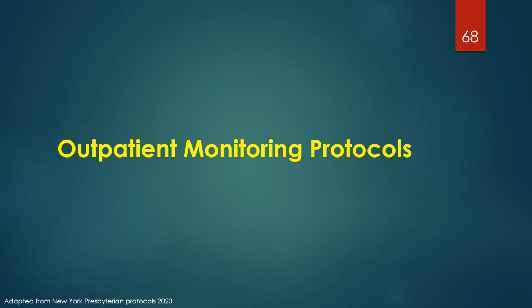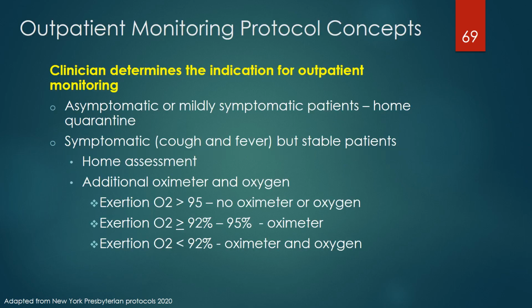The next few slides describe some key outpatient monitoring protocol concepts adapted from protocols used by the New York City Presbyterian Hospital to help decrease hospital impact during the COVID-19 pandemic. A clinician determines whether outpatient monitoring is indicated for a patient with COVID-19, either post-hospitalization or when diagnosed in an outpatient setting.